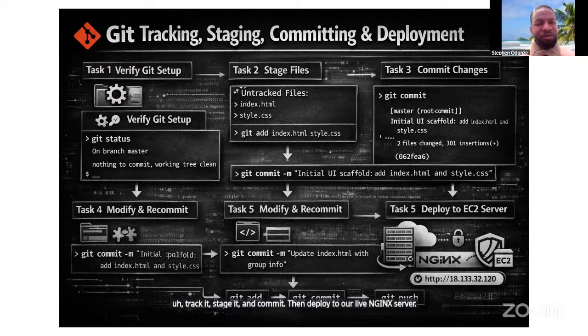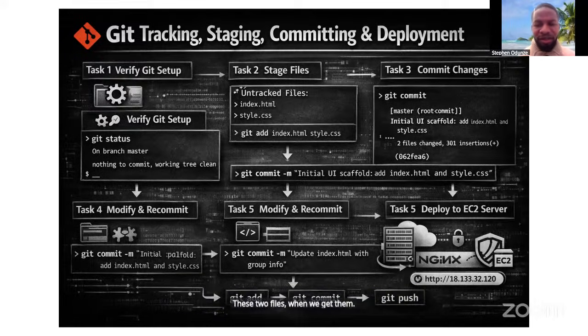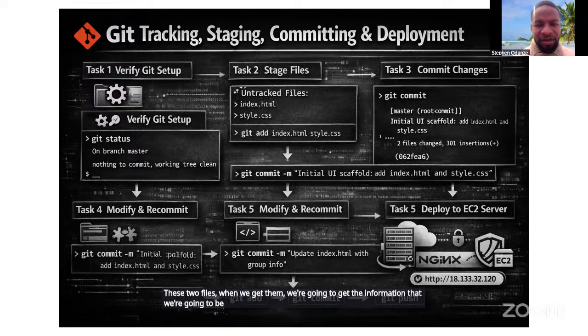The first thing will be for us to verify the Git setup on our branch. Then we are going to create 2 files. One has to be the .html file and the other one the .css file. These 2 files, we're going to get the information that we're going to be inputting in these 2 files from our Git repo.